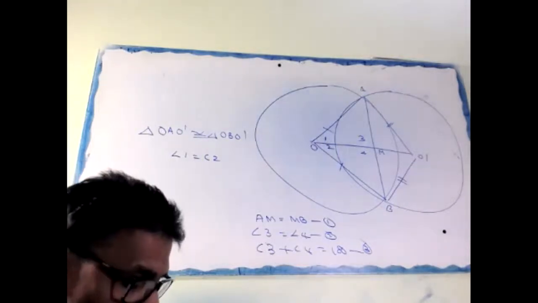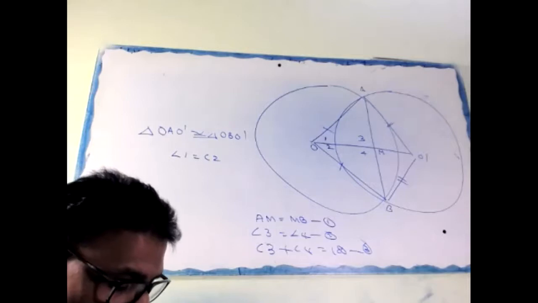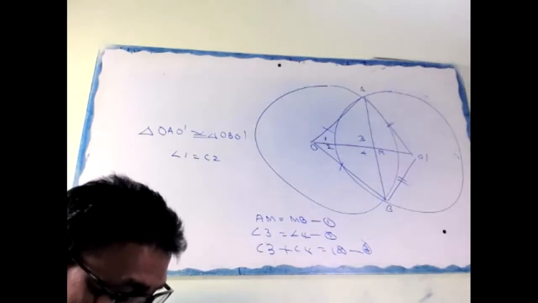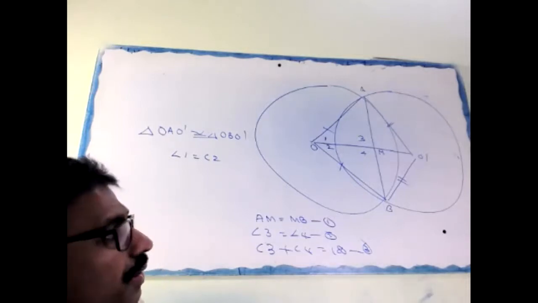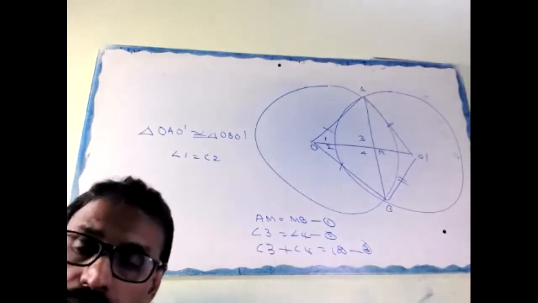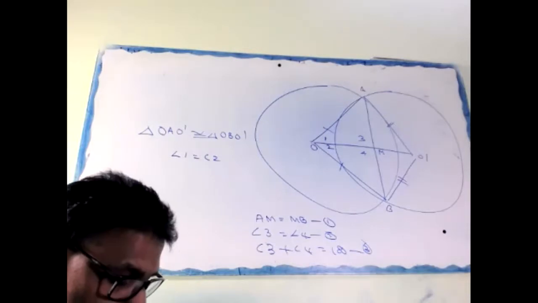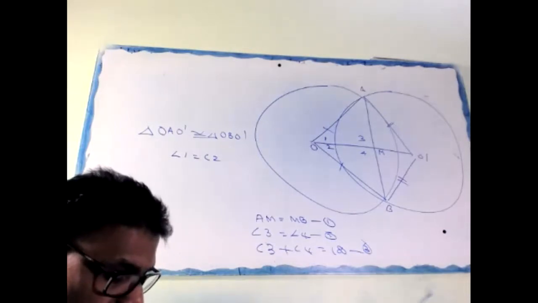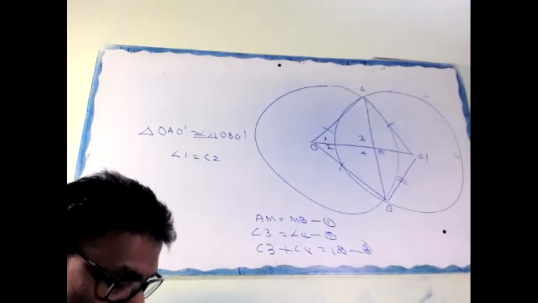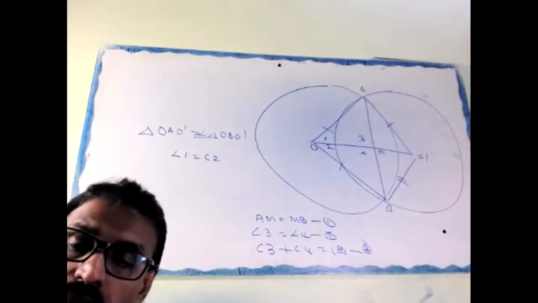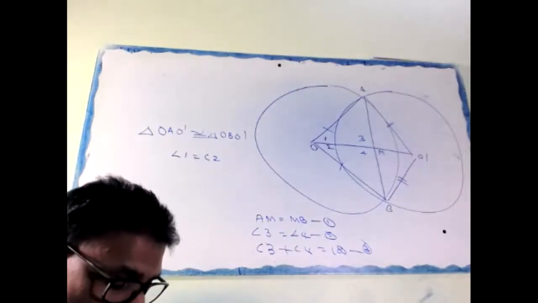Angle 3 equal to angle 4, CPCT. But angle 3 plus angle 4 equal to 180 degrees. Therefore, O dash is the perpendicular bisector of AB. Is it okay now? Okay, everyone check this one.